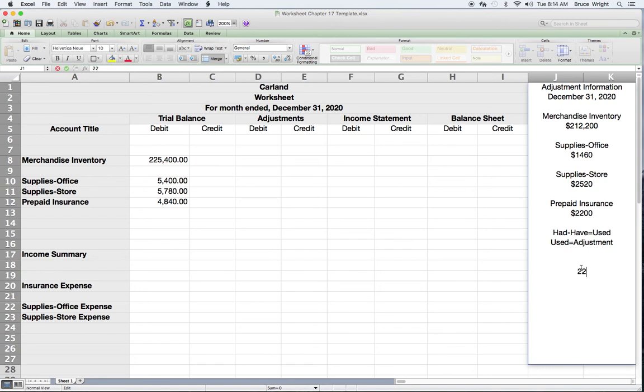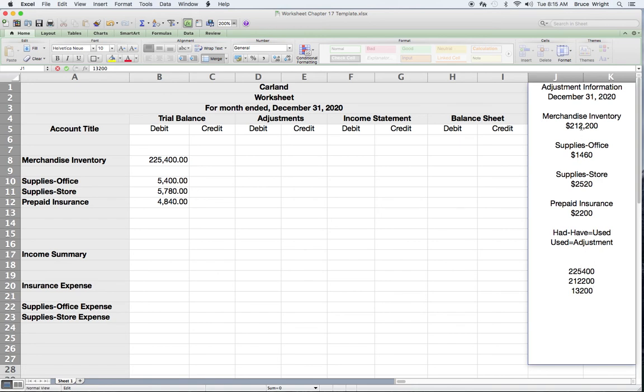So we had 225,400, we have 212,200. So we have used then, if you subtract it, 13,200.